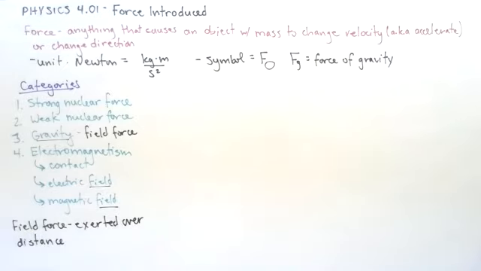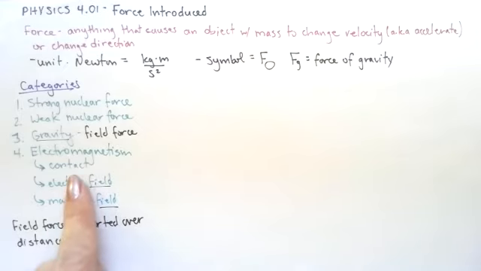So even a satellite that's orbiting the Earth feels the force of gravity, even though it's not in contact with Earth. So we have to handle these in their own category. We don't do electric field force or magnetic field force in this physics. That gets handled in physics 2.